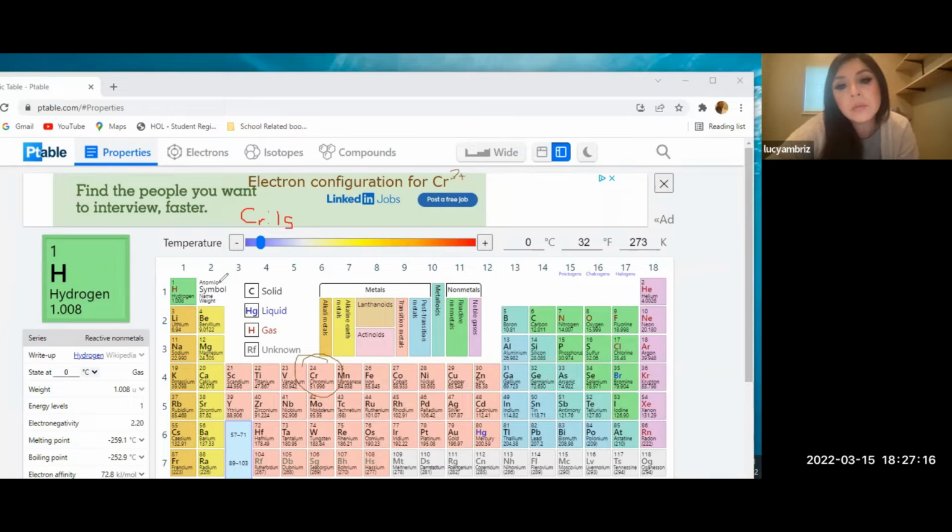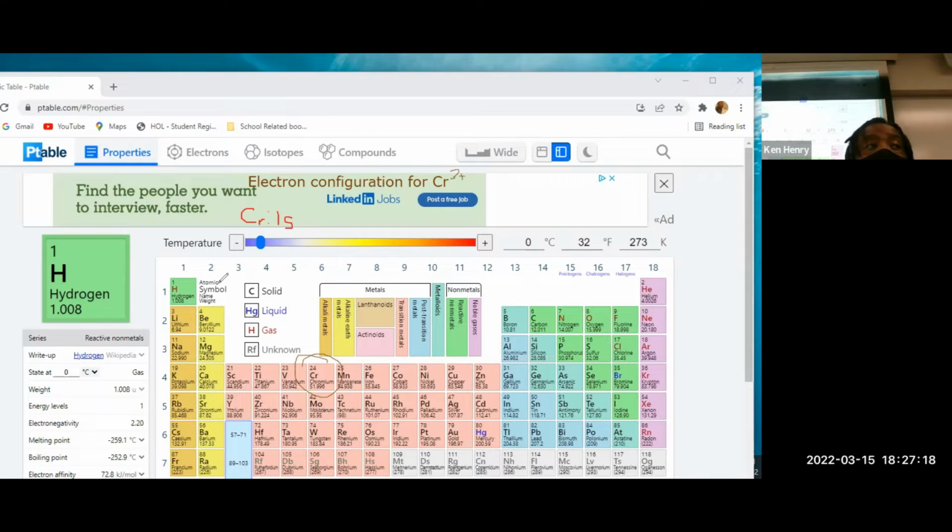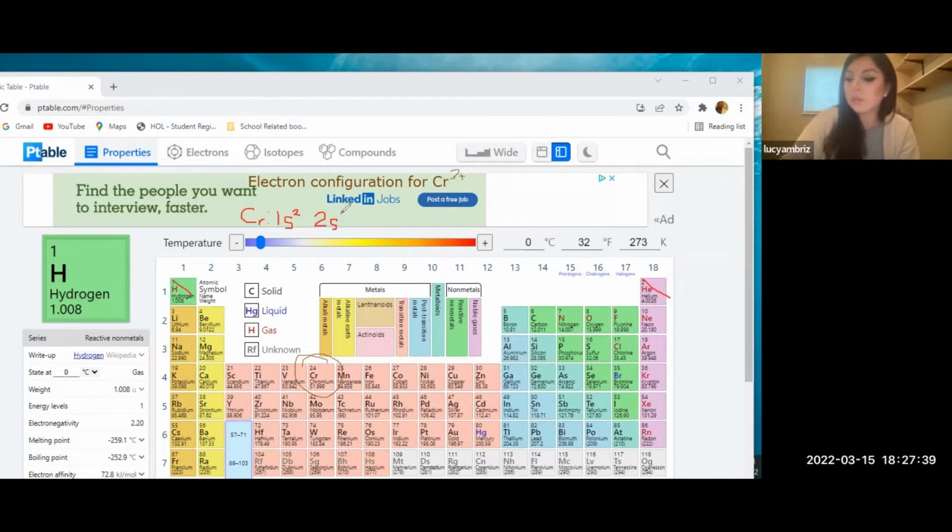So 1s2. Then that takes care of the first period. In the second period, it starts off with the s, so it's 2s2.